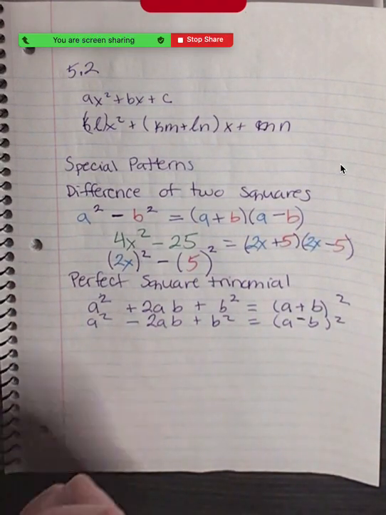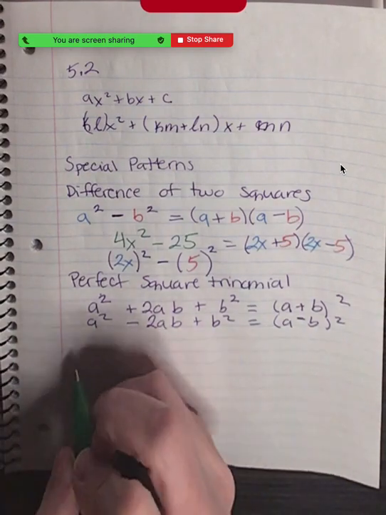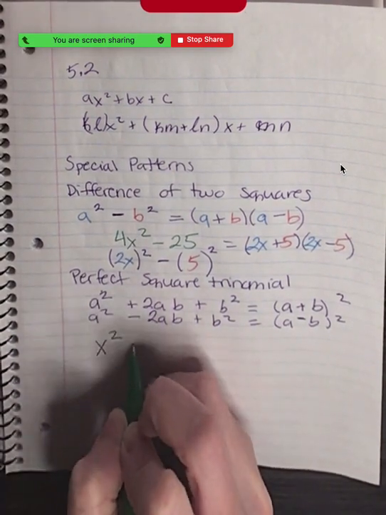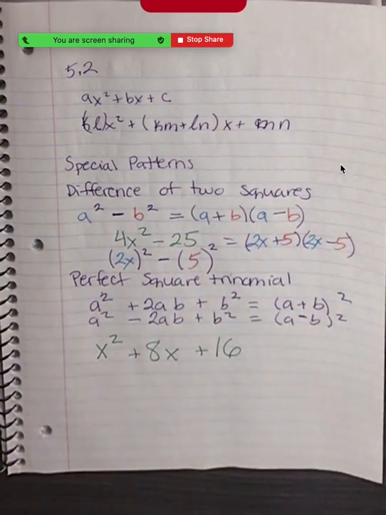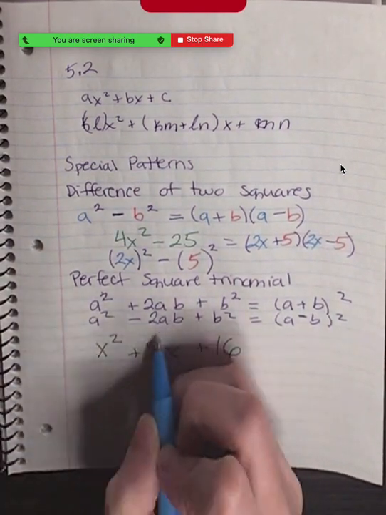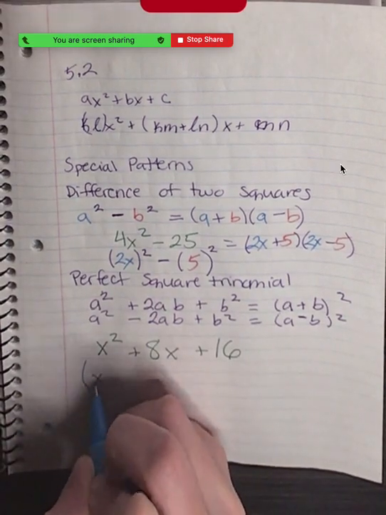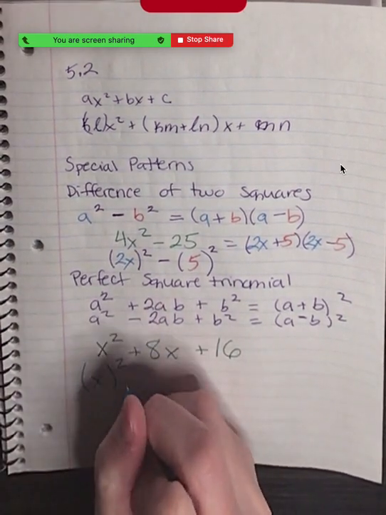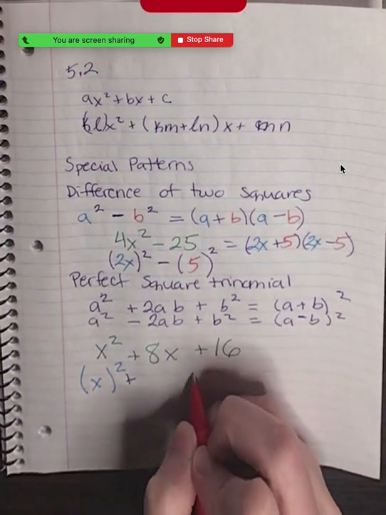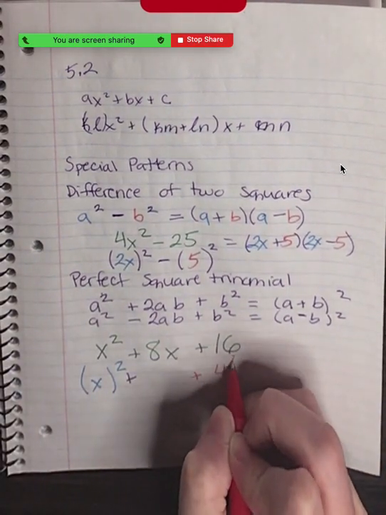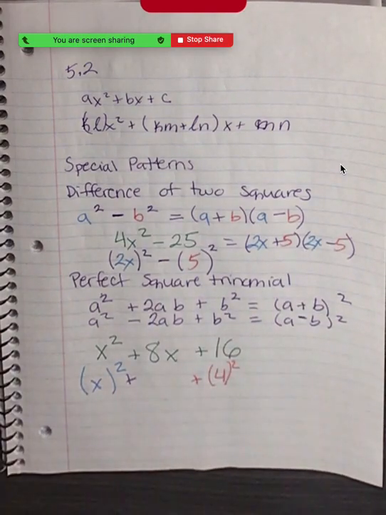Okay, so if I have x squared plus 8x plus 16. What you need to do is you need to look and see, can I take this first term and write it as something squared, which you can, and then can I take this last term and write it as something squared, which you can, 4 squared.